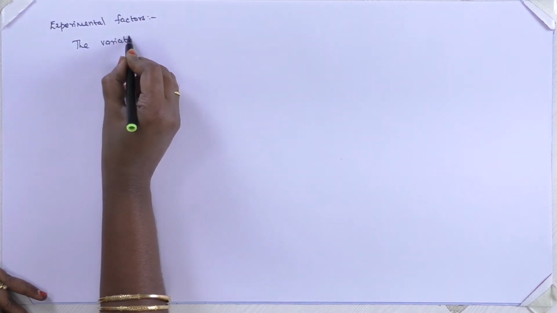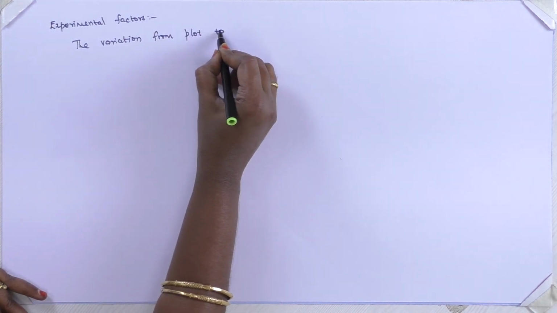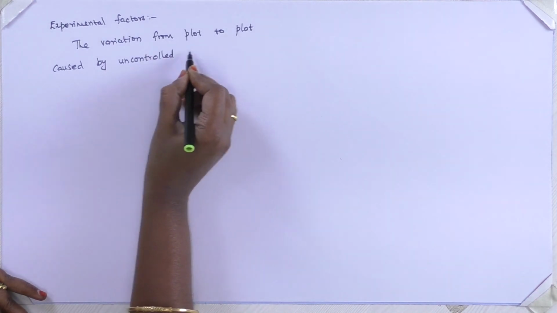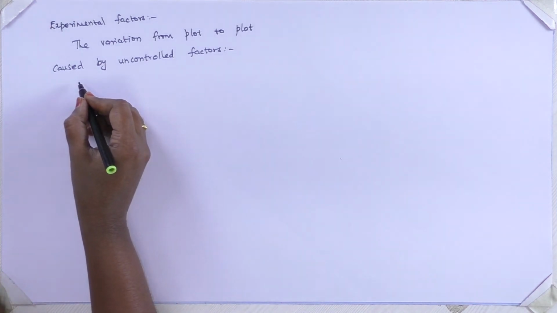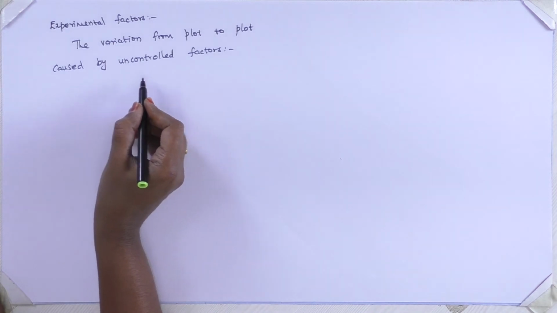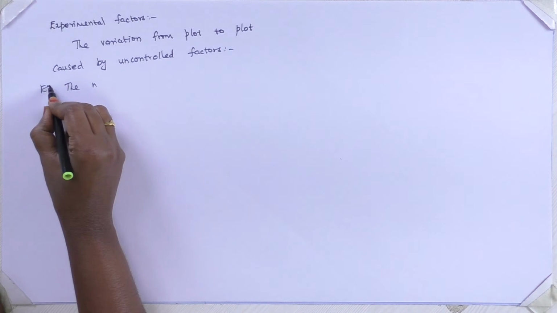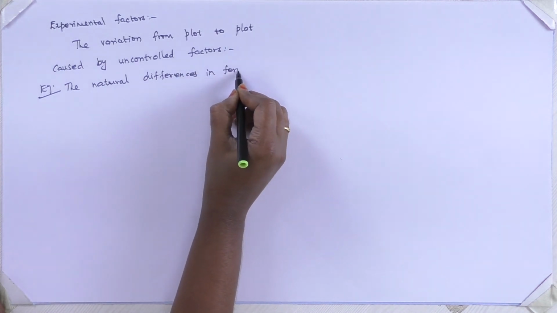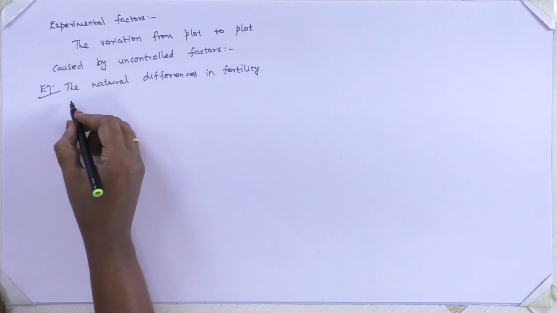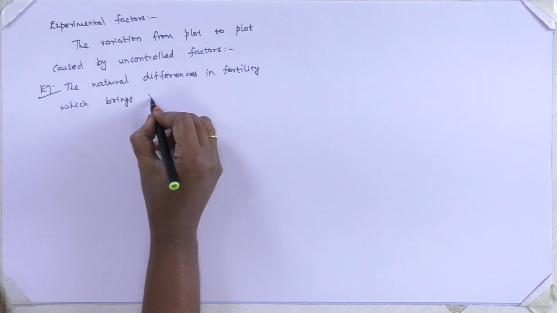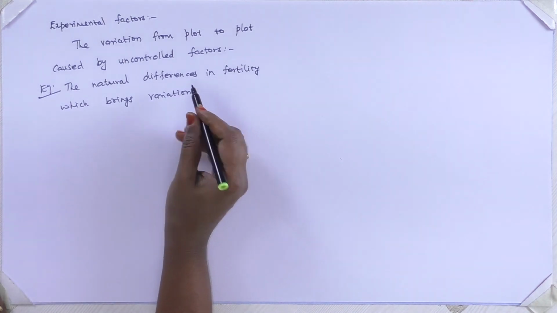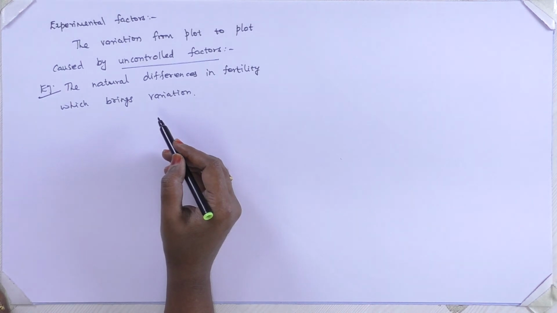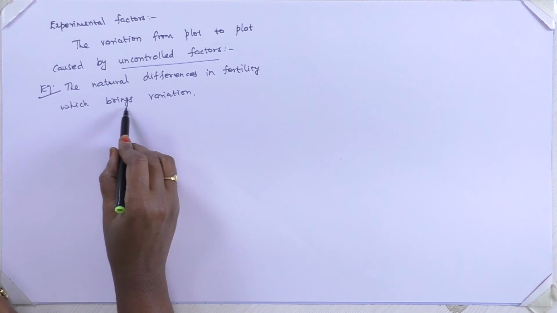The variation from plot to plot caused by uncontrolled factors may be the difference in fertility, or natural differences in fertility which bring the variation.